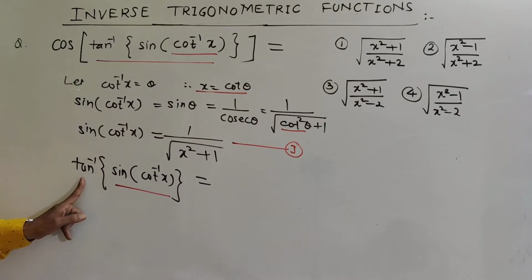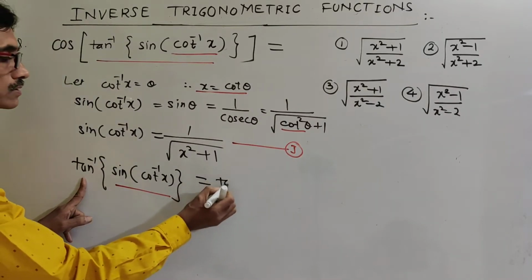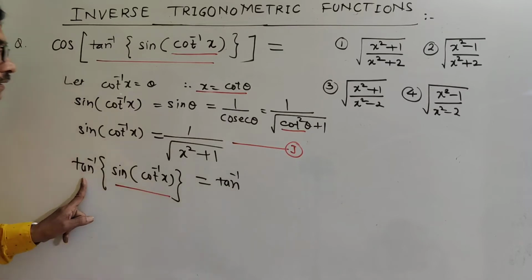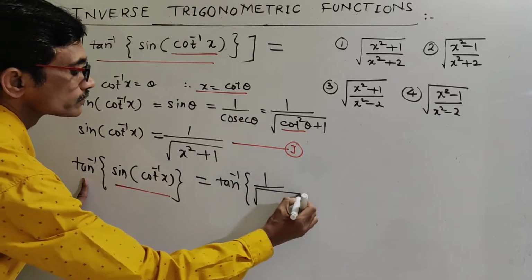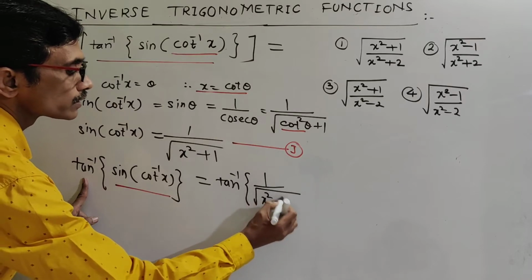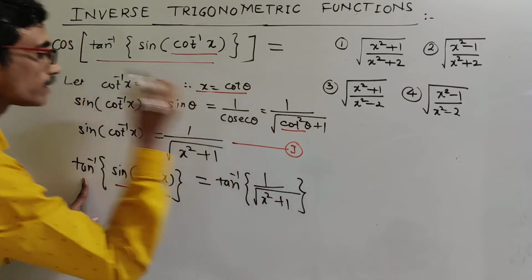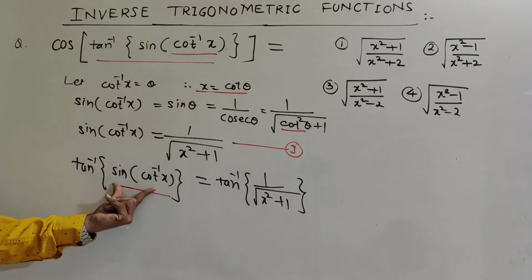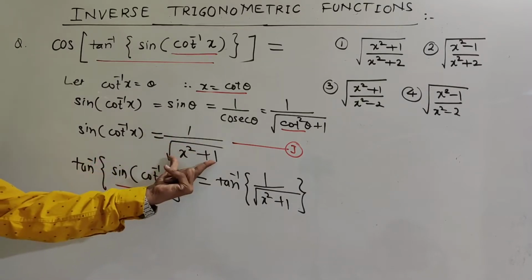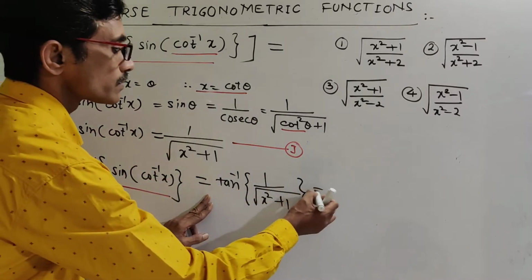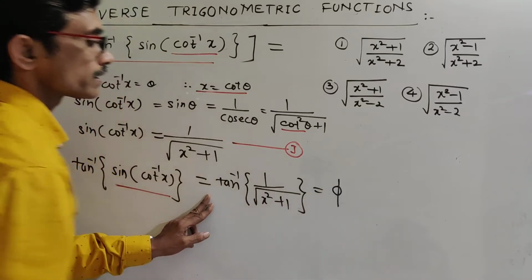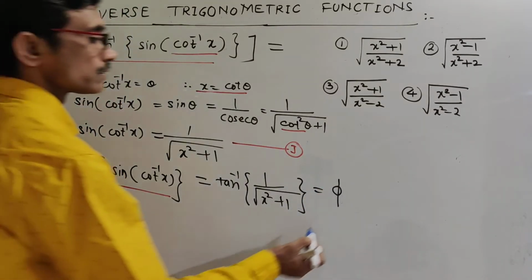So we can write this as tan inverse of 1 upon root of x square plus 1. This sine of cot inverse x is equal to 1 upon root of x square plus 1, and tan inverse of that we take as phi, suppose.